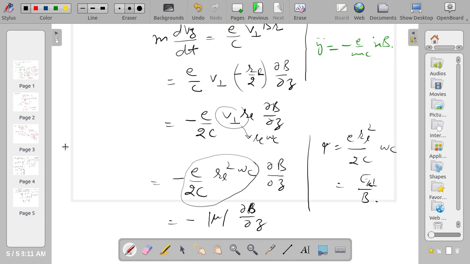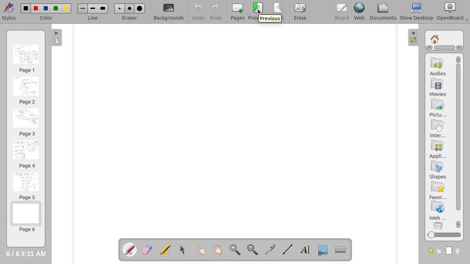So that's what we have used here. So therefore m dv_z over dt can be minus mu ∂B/∂z.